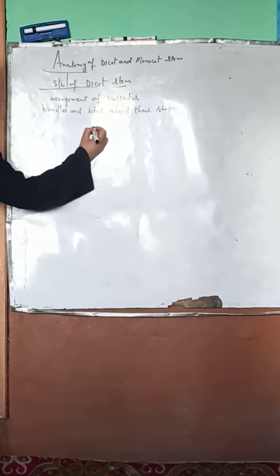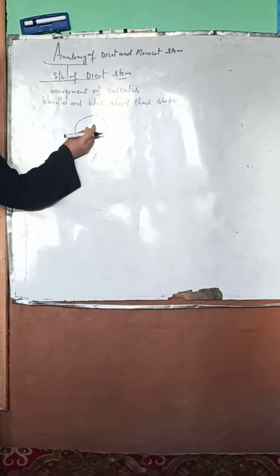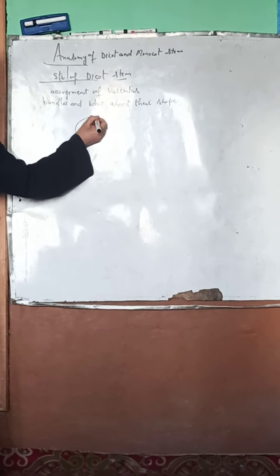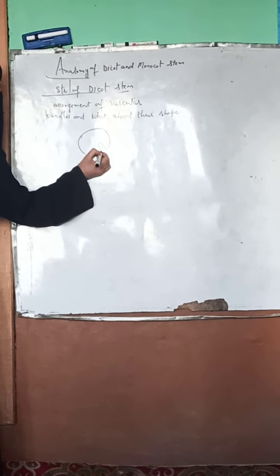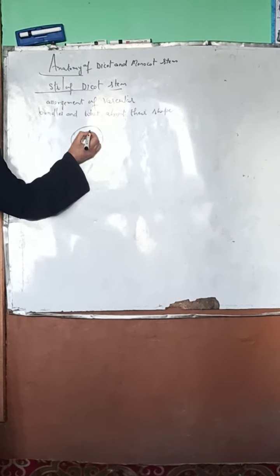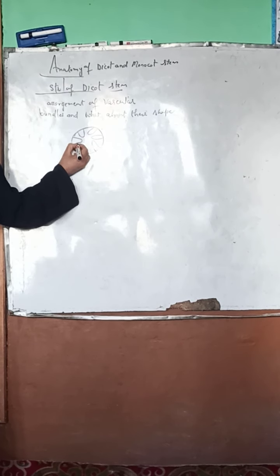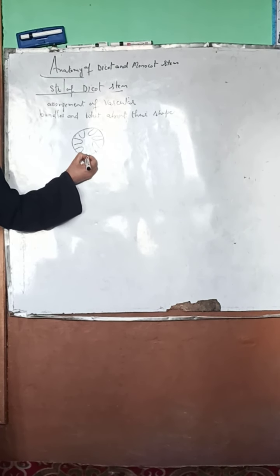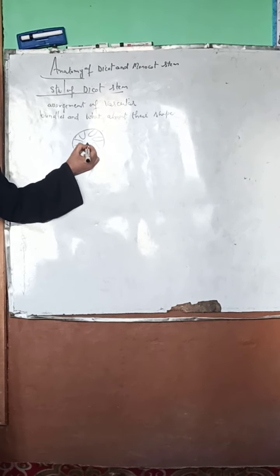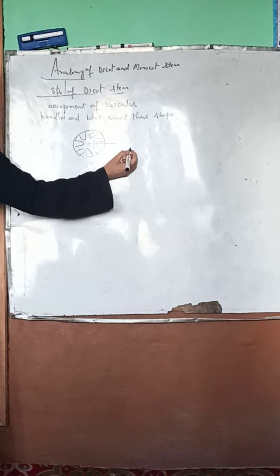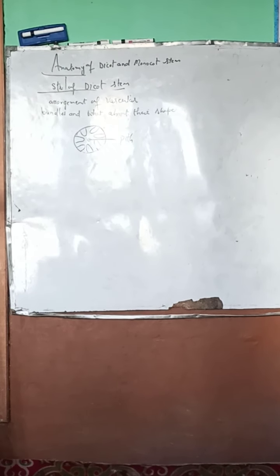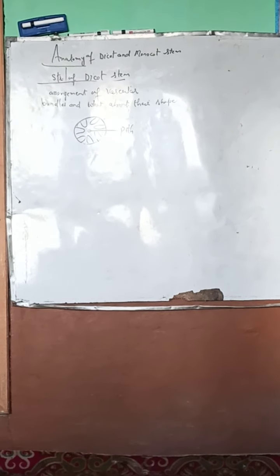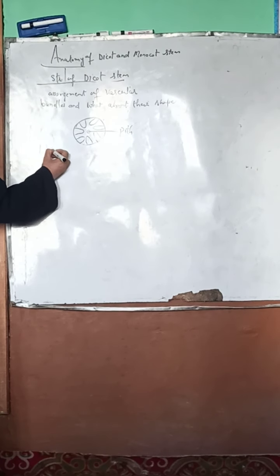For example, this is a vascular bundle and these are arranged in a ring. Vascular bundles are arranged in a ring and in between there is pith. This is pith.